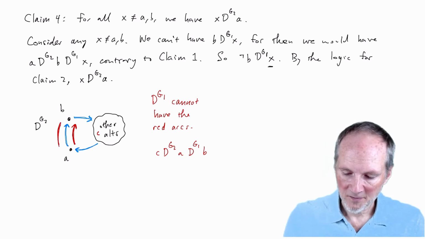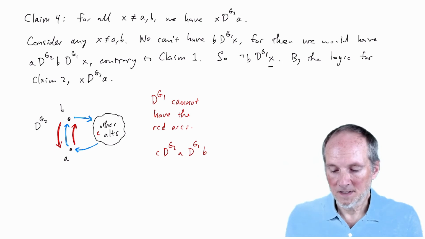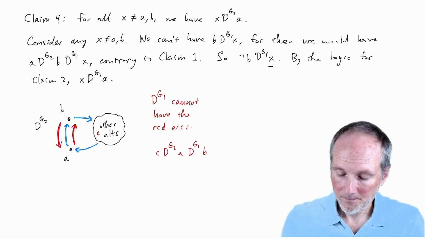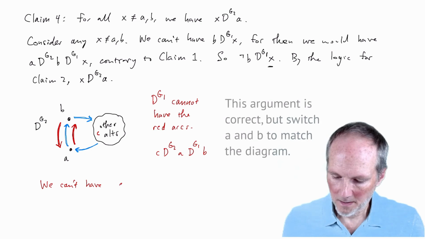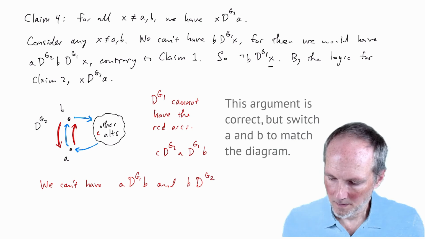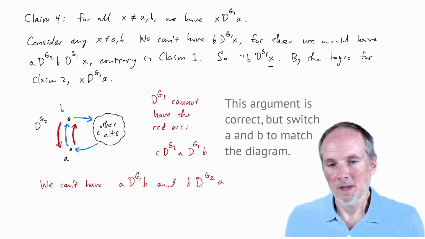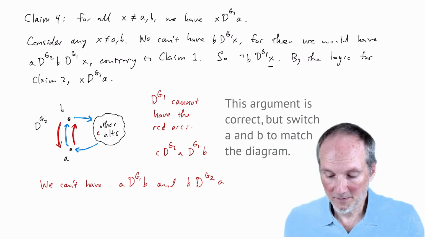Also, it can't be decisive for B over A, precisely because G2 is decisive for A over B. We can't have G1 decisive for B over A and G2 decisive for A over B. Their power would come into conflict if you had a profile like this.